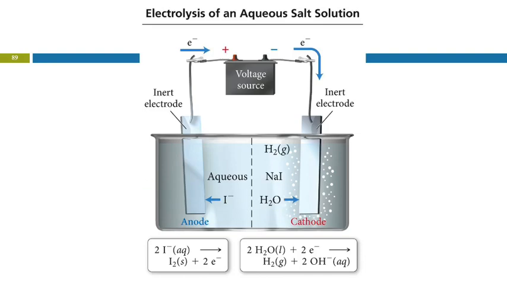We don't need a salt bridge because we're not separating two spontaneous half reactions so that we can force the electrons. Here, this isn't going to occur on its own. We're forcing electrons through here, and so we don't need this to be separated. Any questions?